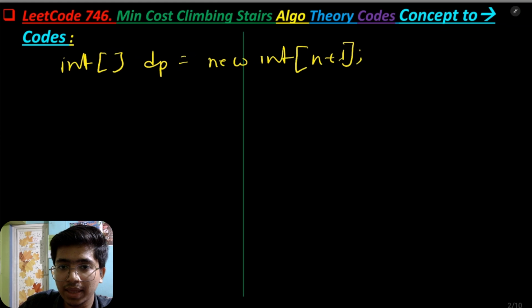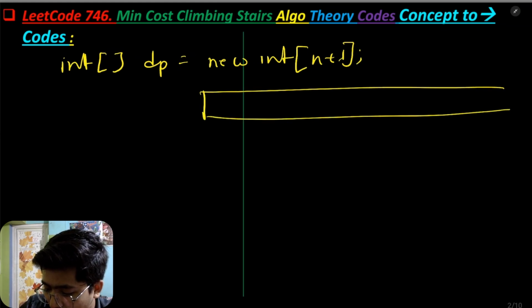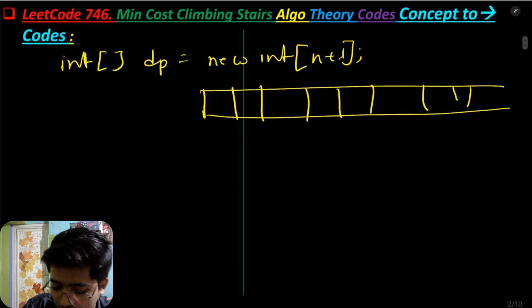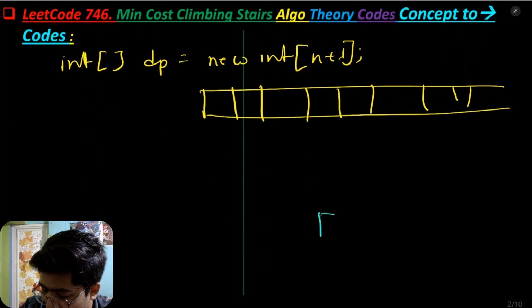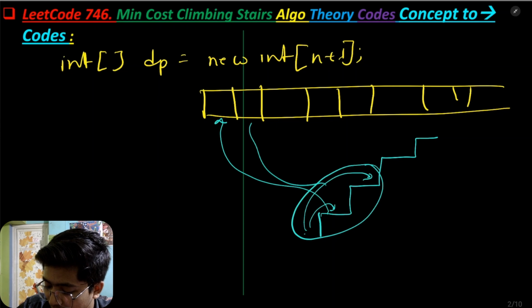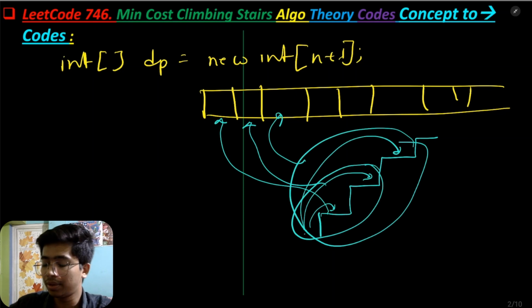We are drawing the stairs here. So if that is the stair, the total cost to reach here will be stored here. The total cost to reach up to that section, we'll store in here. In that way we'll keep storing the total cost.